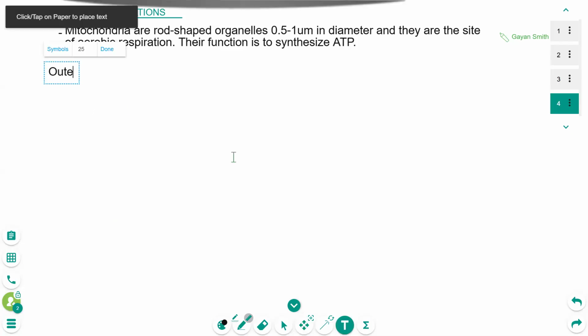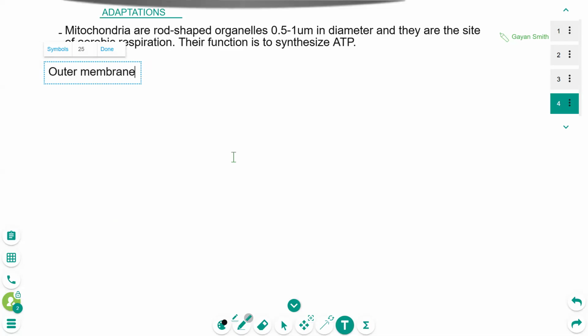All right, so the outer membrane is more permeable than the inner membrane.